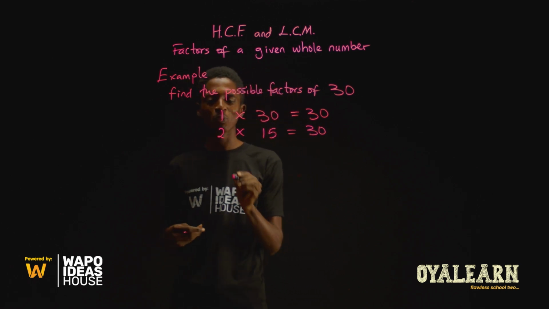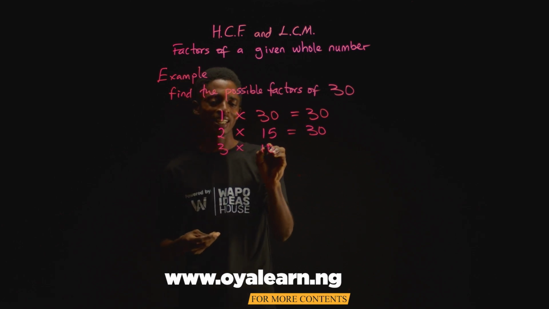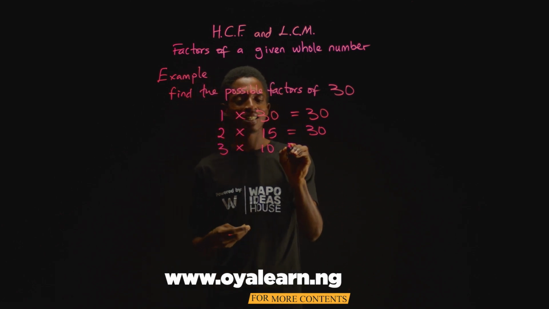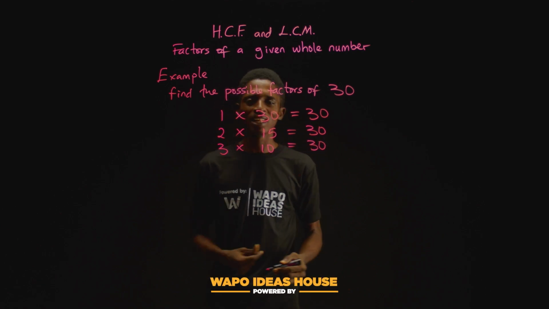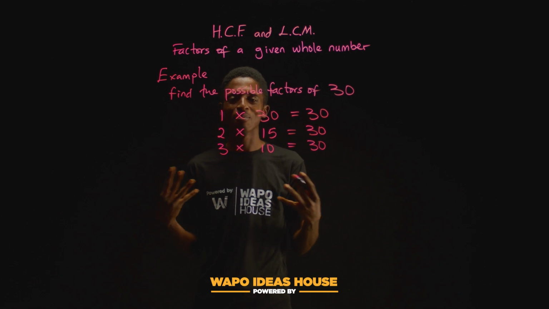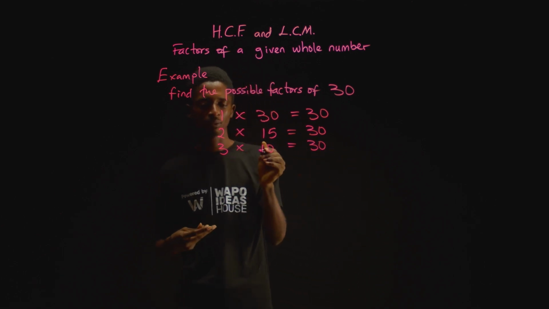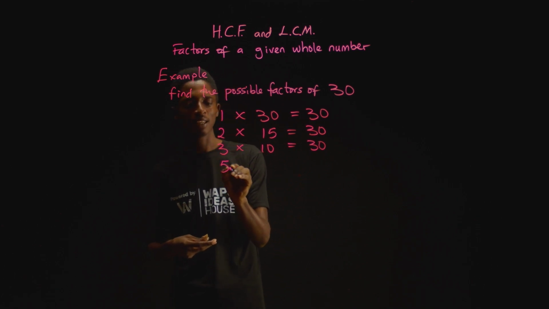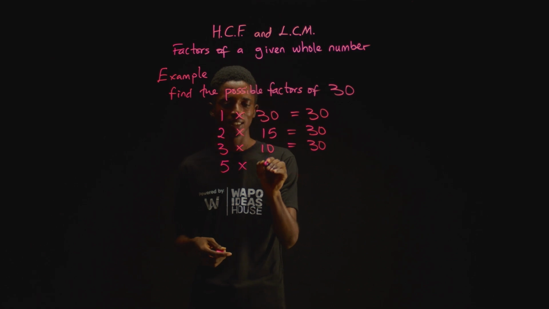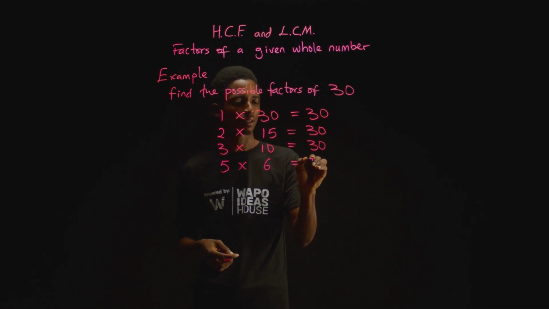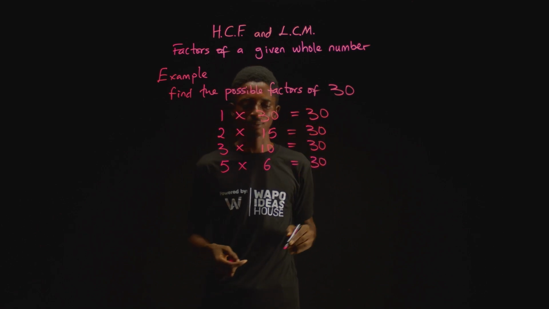Thinking of another one, we have what? 3 multiplied by 10. 3 multiplied by 10 gives us 30. Let's get more numbers that multiply into each other to give us 30. We have 5 multiplied by 6. This would also give us 30.